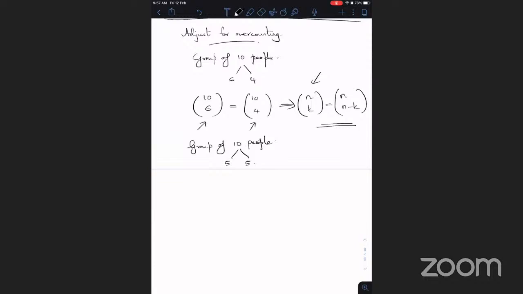It's a tricky question. It's not 10 choose 5. This is not 10 choose 5. But can someone tell me how to modify 10 choose 5 so that you get the answer? So you have 10 people, you have to split it into two groups of 5 people.